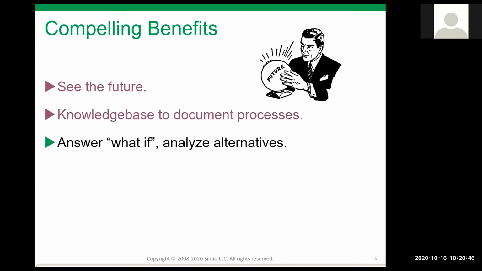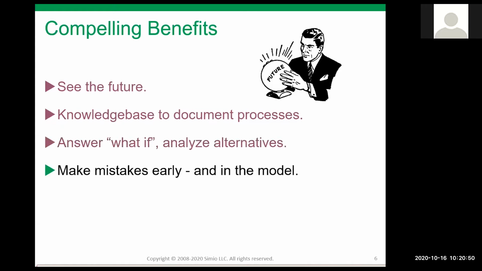Once you have that knowledge base, you can use it to analyze alternatives, answer what-if questions. Again, make your mistakes early and in the model. I can't tell you how many times we've been called in late into a modeling project, and we say, well, hey, the model tells me that you ought to do X. It is obvious that you ought to do X. You ought to ditch the conveyor and use an AGV or whatever the case may be.